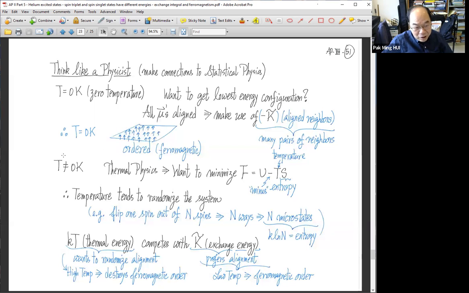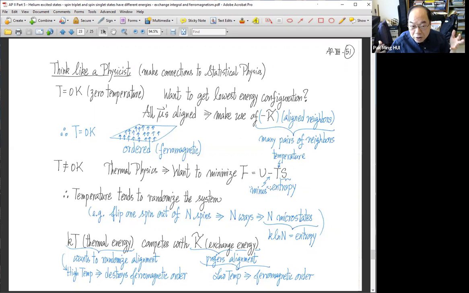And now, when T is not 0, it is not the energy U that you want to minimize. Instead, it is this thing you need to minimize, okay? That is the equilibrium statement, right? A system at fixed T, V, N, at equilibrium, F is minimized. And this is the entropy term, and therefore, temperature will tend to flip some spins.